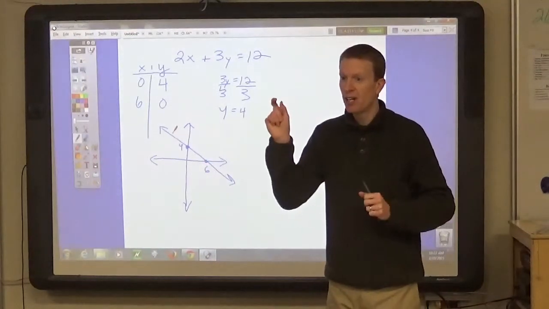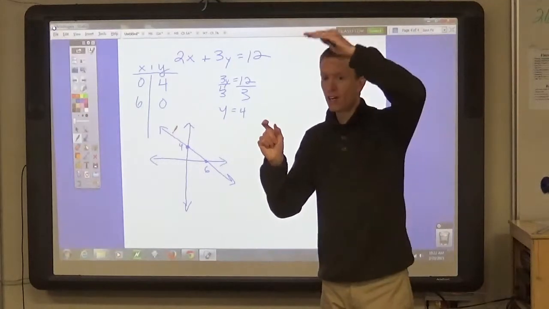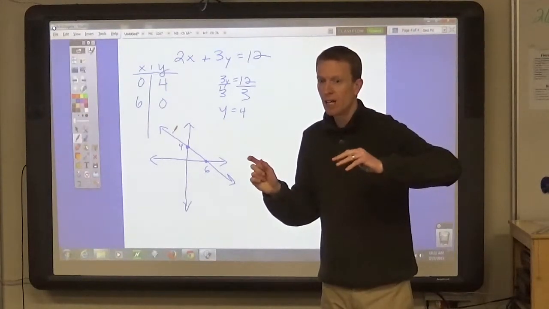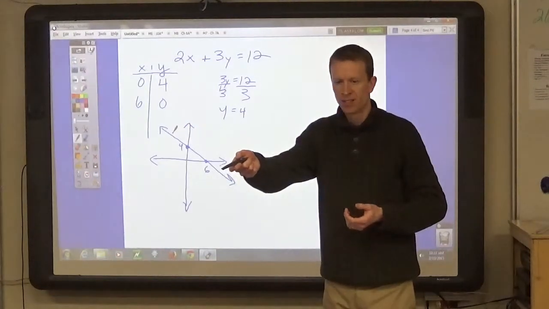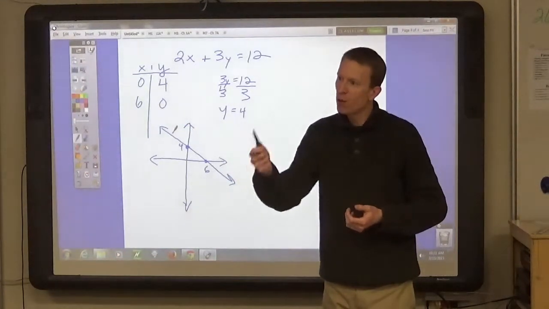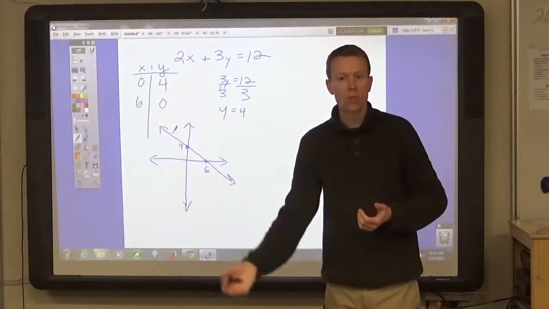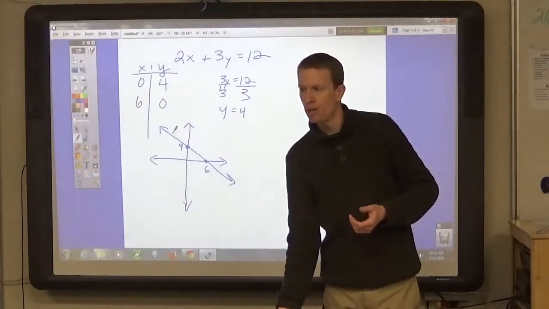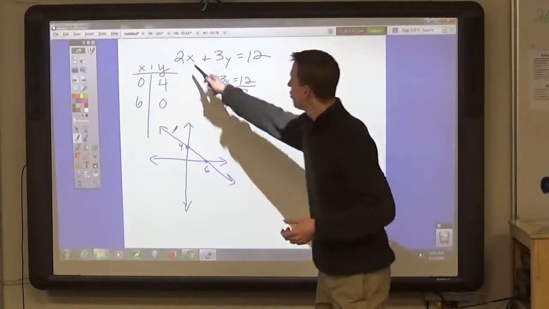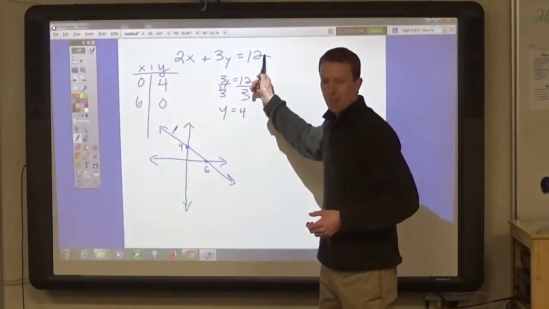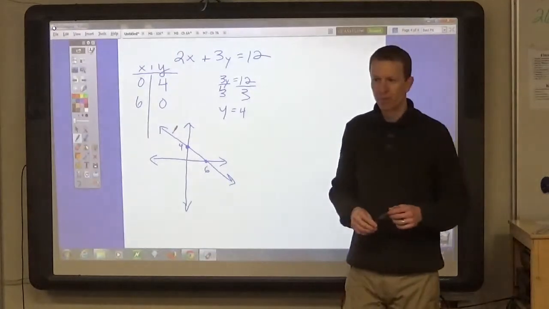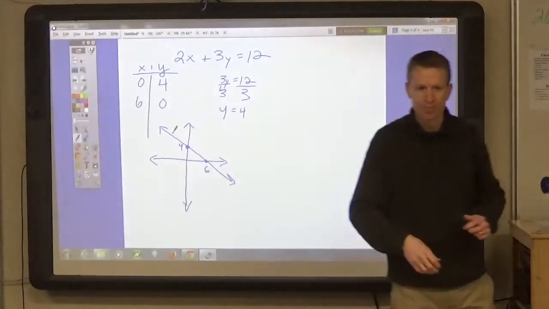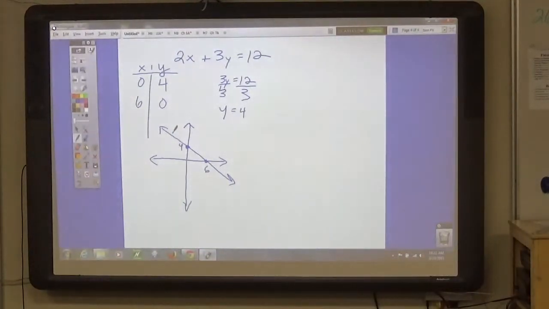If it has a starting amount and then a rate that it goes up or down, what type of equation is that? Slope-intercept. Okay? If you have that information, use slope-intercept form. If you have two things added together equals something else, then use the standard form. Okay? Any questions? We'll practice standard form for tomorrow.